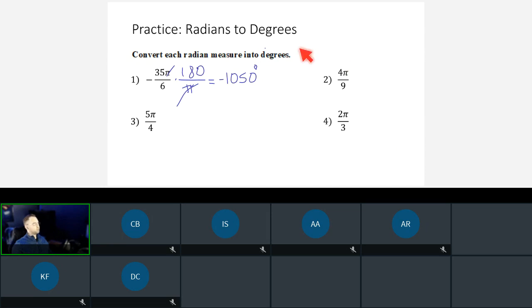It's a proportion. Everyone do 2, 3, and 4. I think you can do all of it in 2 minutes, right? Or do you want 3? 3 minutes.